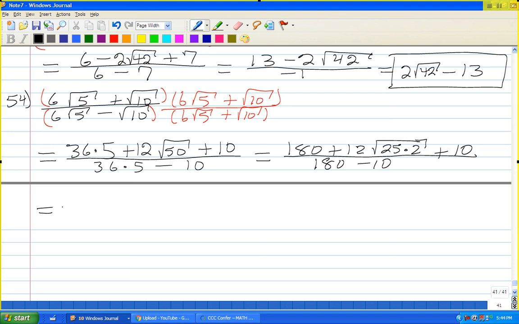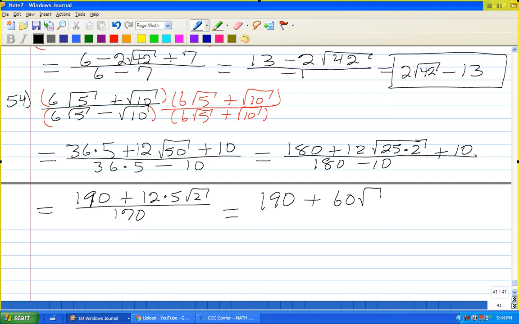And so 180 plus 10 is 190. The square root of 25 is 5. 180 minus 10 is 170. And so I get 190 plus 12 times 5, 60, rad 2, all over 170.